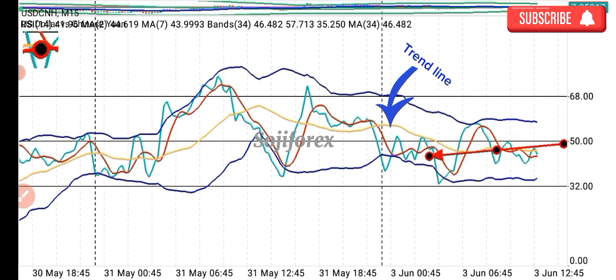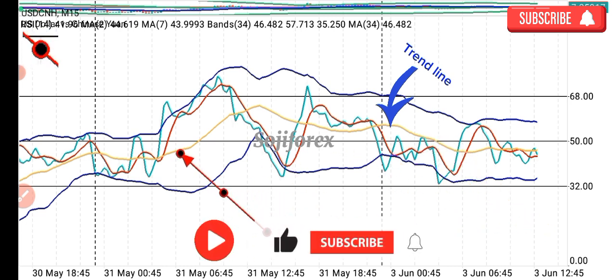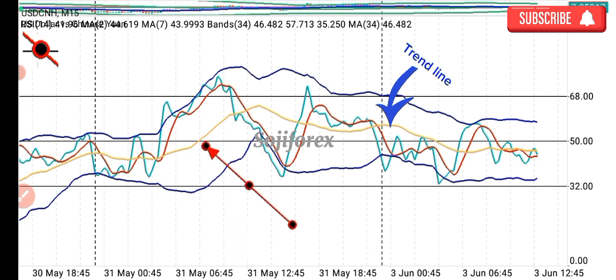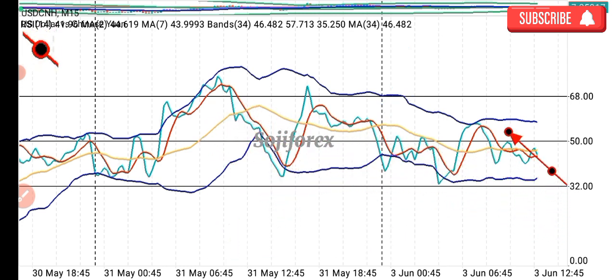Whenever the gold line is below the 50 level of the RSI, just as we are seeing here, it symbolizes that we are in a downtrend, and whenever it crosses above the middle line, it shows that we are in an uptrend, and vice versa.